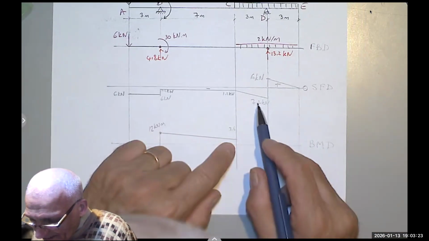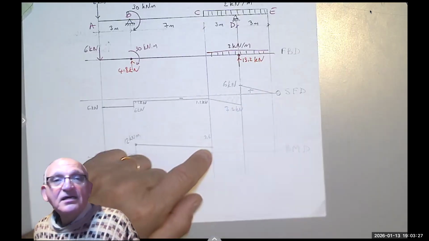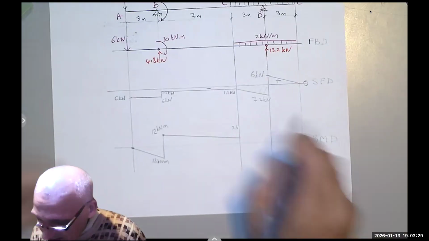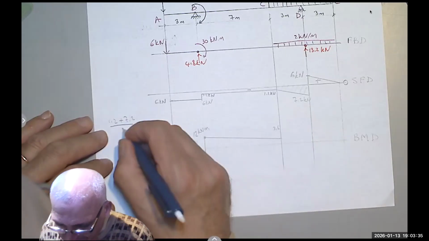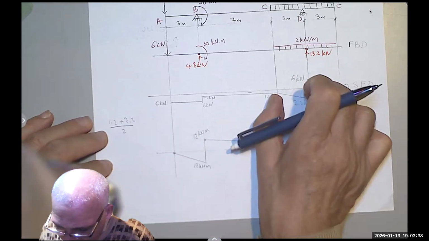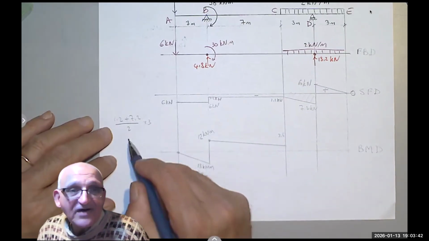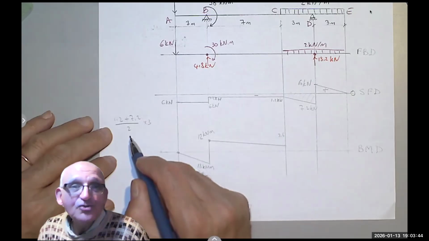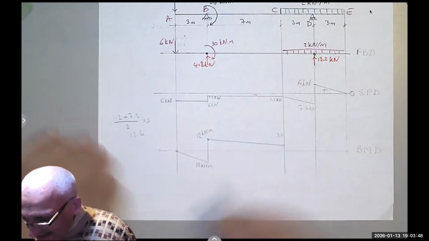And then it's gonna drop again. Notice that this area is a trapezoid. The two parallel bases are 1.2 and 7.2, so you average them and multiply by the height, which is 3. These are 8.4. When you divide it by 2, you get 4.2, and 4.2 times 3 is 12.6 negative.